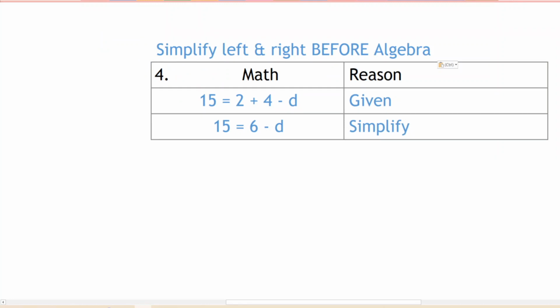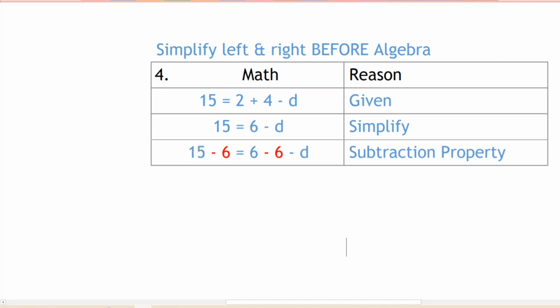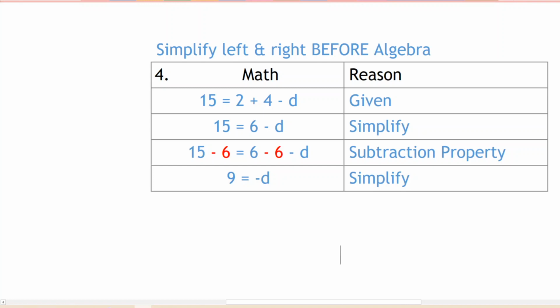Now the rest of this is kind of similar to what we did before. We have our constant term, 6, and we have our linear term, -1 multiplied by d. We'll subtract 6 from both sides of the equal sign. Simplify.